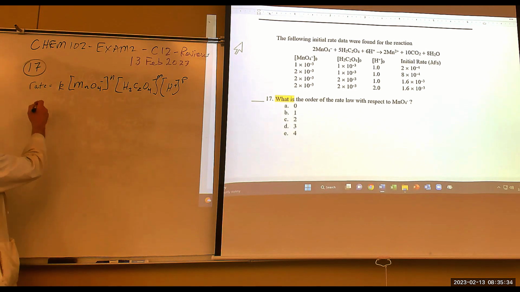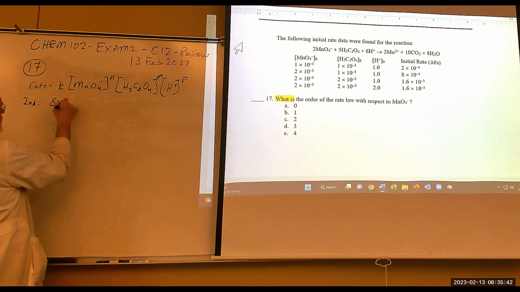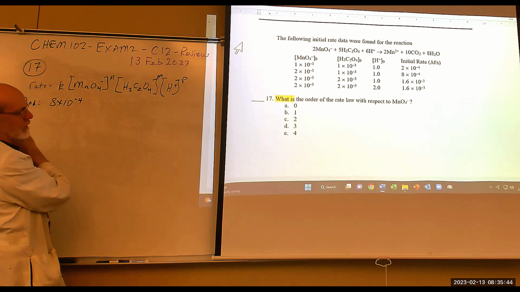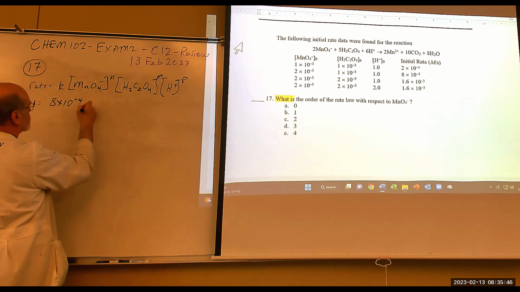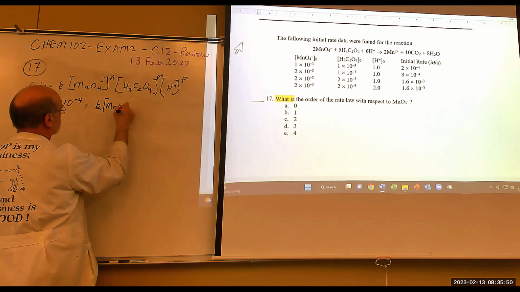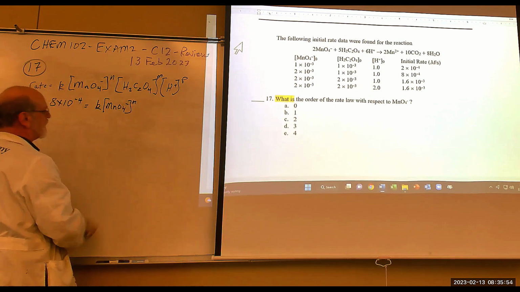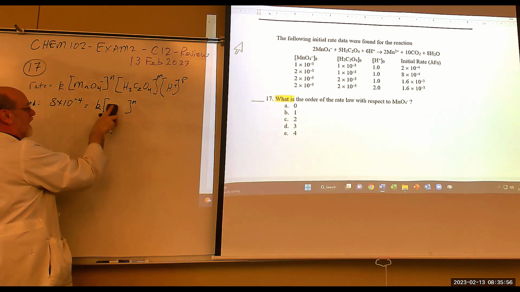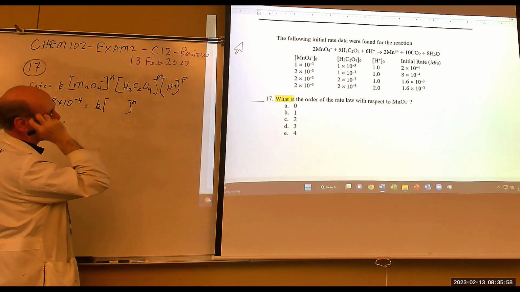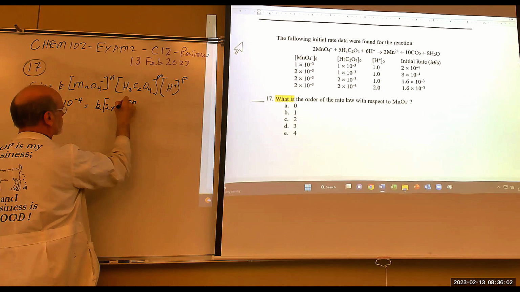So we're going to say the second reaction will give us this. Rate is 8 times 10 to the minus 4, right? And that's equal to K times MnO4 minus to the n. Oh, we need values in here. 2 times 10 to the minus 3.